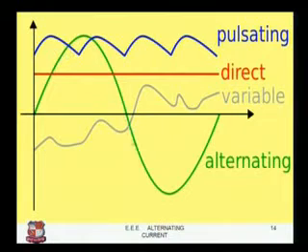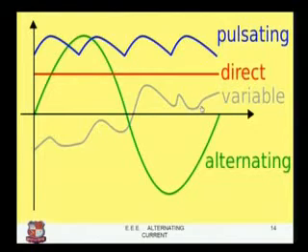So this waveform indicates the alternating quantity, in which the direction as well as the magnitude of the alternating current will change with respect to time. And this waveform indicates the variable quantity, meaning the direction as well as the magnitude of the quantity will change, but it will not follow any cycle or any particular path.